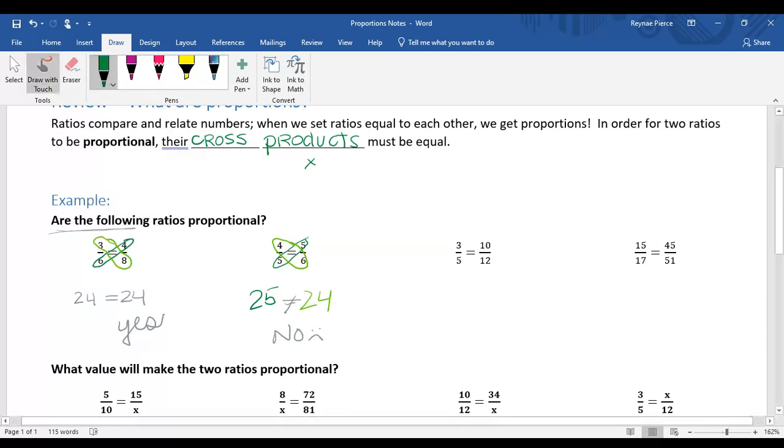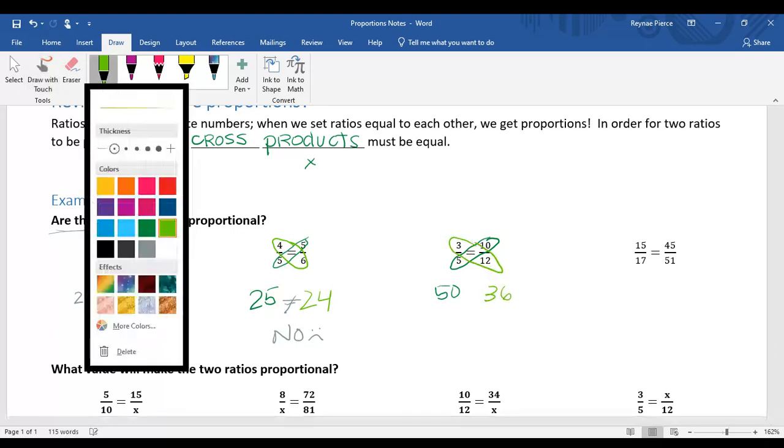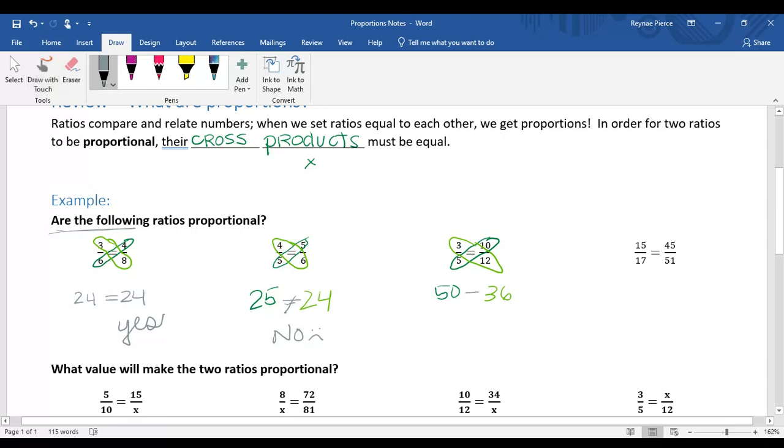Okay. Next one, 5 times 10 is 50. 3 times 12 is 36. Since these are not equal, these ratios are not proportional.